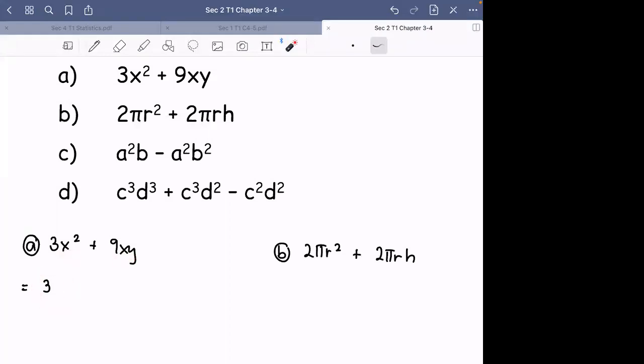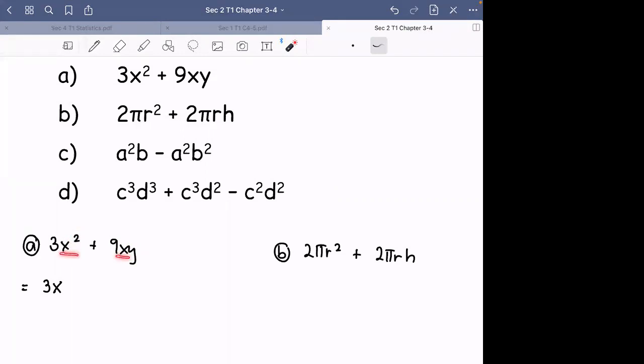As you can see, we have x squared and x, so we can put x here alongside 3. But take note, which one are we supposed to use, the one with the square or just x? Remember class, when you're looking for your common factor, look for the variable with the lowest index.